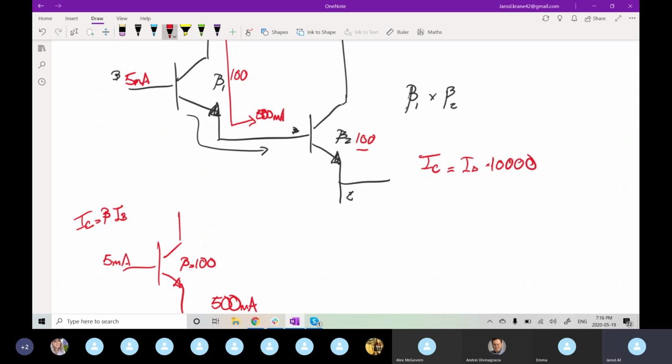So we can now switch a greater than 1 amp load by only triggering off of a 5 milliamp signal.